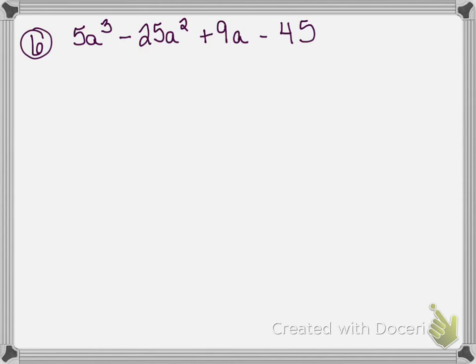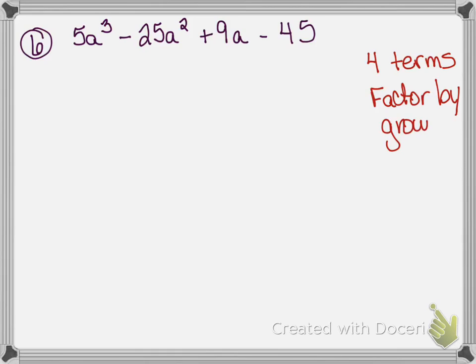How many terms do we have right here? How many terms? 4. So anytime that we have 4 terms, we are going to factor by grouping. Okay? That's just what we're going to do. We're going to factor by grouping.